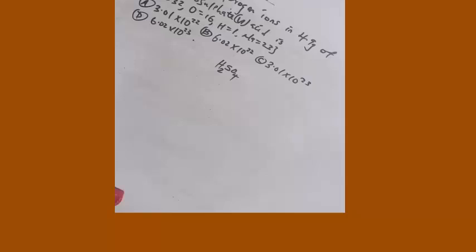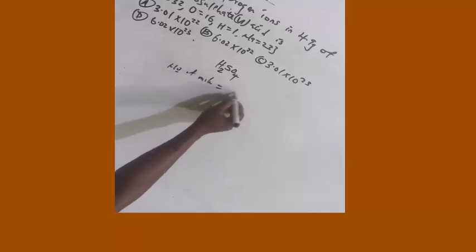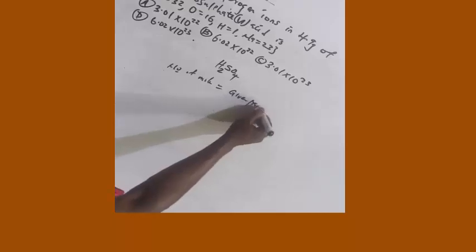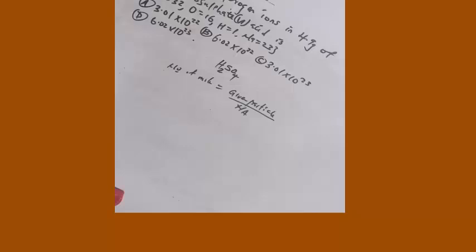They're asking you the number of hydrogen ions, so the Avogadro mole concept, where number of mole is given particle over Avogadro's number. But the number of mole is not given. But we know that 1 mole is equal to the molar mass of this compound, tetraoxosulfate 6 acid.